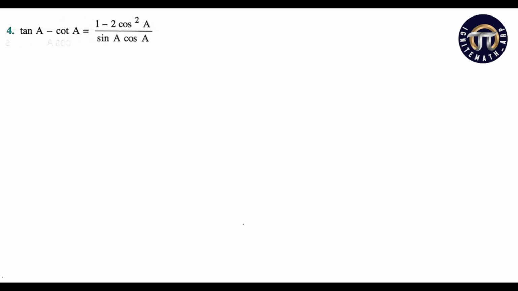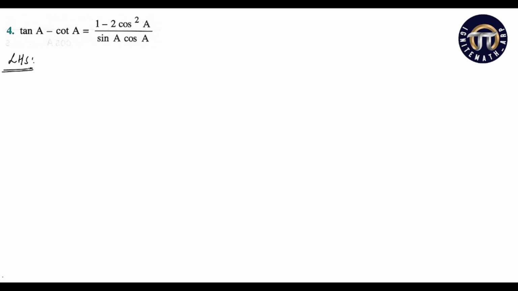See, the question says, the fourth question, tan A minus cot A is equal to 1 minus cos square A, you are supposed to prove, divided by sin A into cos A. So I will take the LHS here. It is not necessary that you always need to take LHS and prove it is equal to RHS. Sometimes you may require to take RHS and prove it is equal to LHS also.